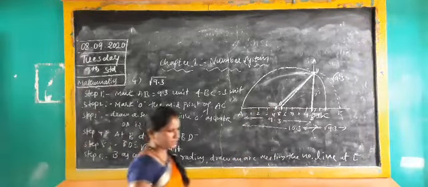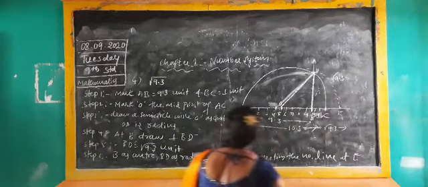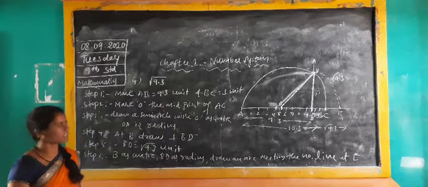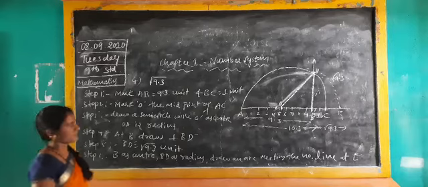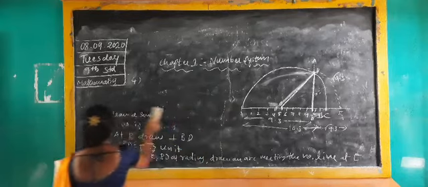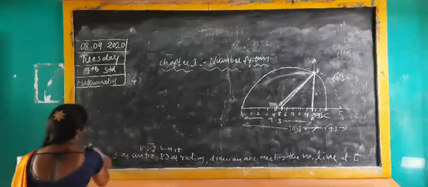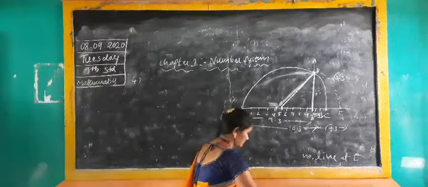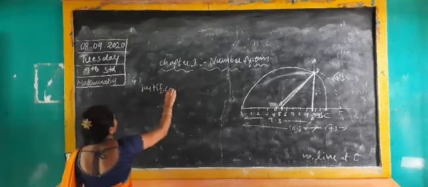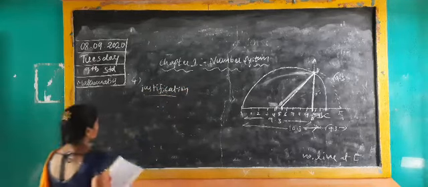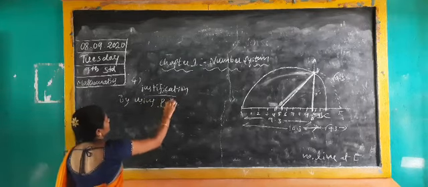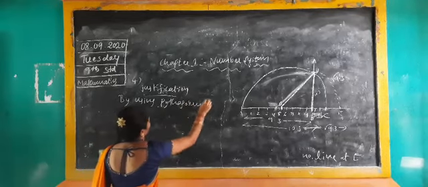Next, by Pythagoras theorem, the justification. Write down all this. If you wrote this much also, okay. How will it be square root of 9.3? How is it coming? You have to justify your answer. Okay, justification. Write down here, by using Pythagoras theorem.